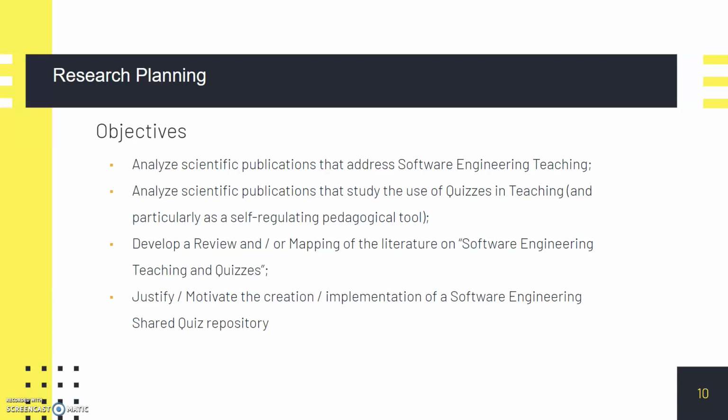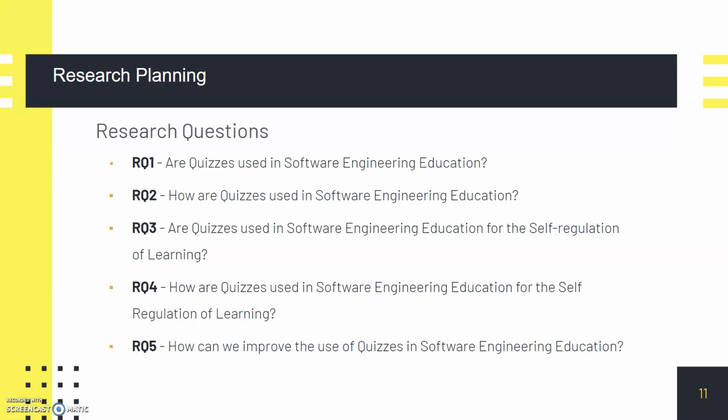Analyze scientific publications that study the use of quizzes in teaching, and in particular as self-regulating pedagogical tools. 3. Develop a review and a mapping of the literature on software engineering teaching and quizzes. And a particular aspect that we had was to attempt to justify and motivate the creation or the implementation of a software engineering shared quiz repository, a quiz repository that can be shared across multiple institutions.